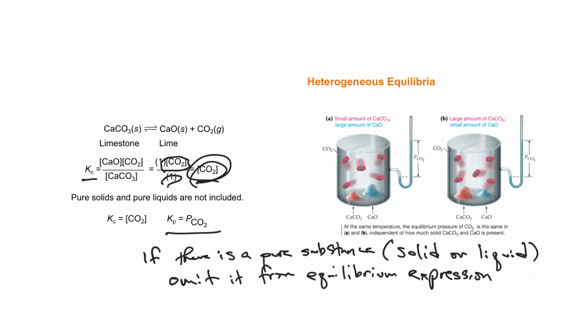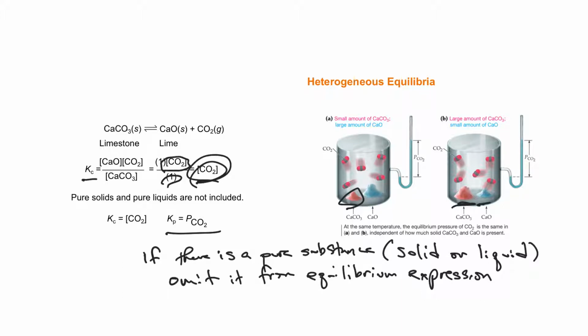On the right, you've got a picture of an experiment that they've done. Let's say you've got some limestone here, the calcium carbonate, the pink stuff. Let's say on the right I've got a lot of that and just a little bit of the lime, or I have a lot of the lime and a little bit of the limestone. Remember, you can go from either side. It doesn't matter. You're always going to reach an equilibrium.